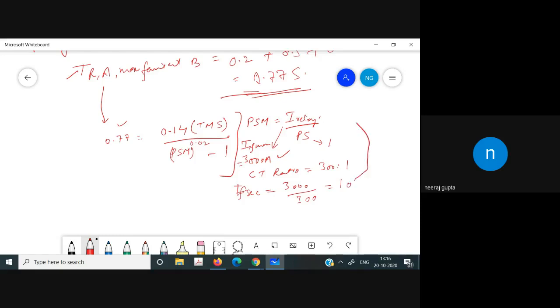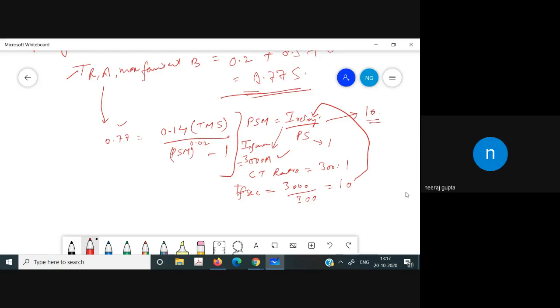So finally, we get the PSM as 10. So the plug setting multiplier we get as 10.